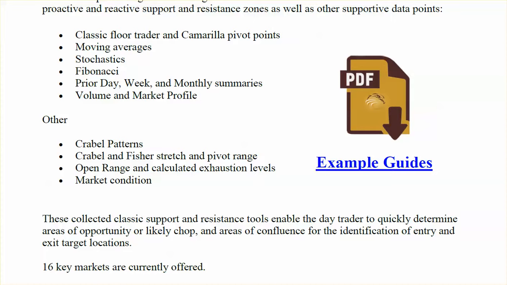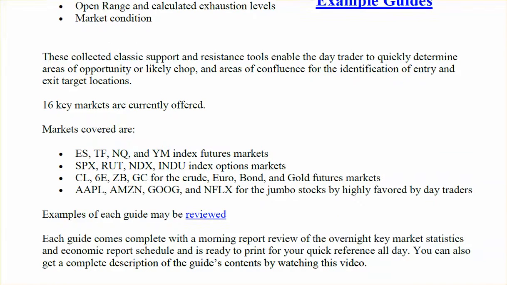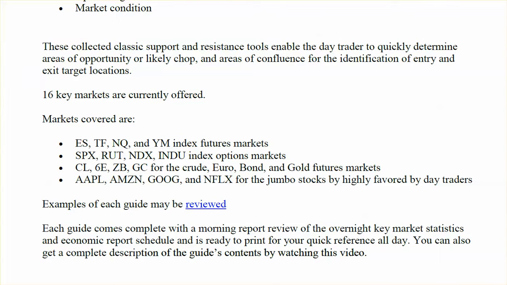Currently, we focus on 16 key markets. The markets covered are the S&P futures, Russell futures, NASDAQ futures, and Dow futures. Then in the options markets, the SPX, RUT, NDX, and INDU. So all 4 index markets, both in the futures component and in the options component.